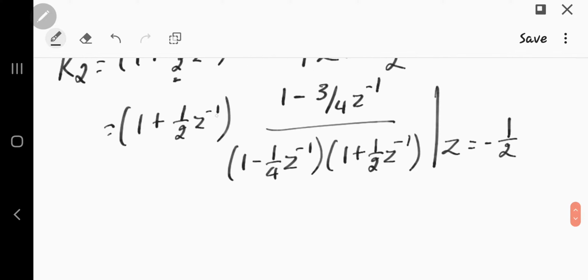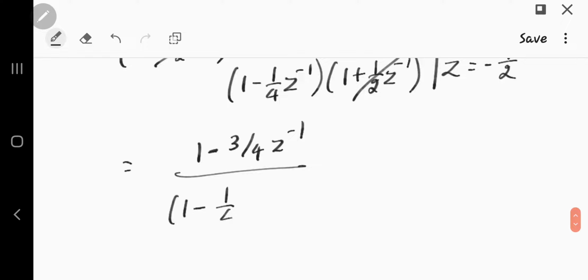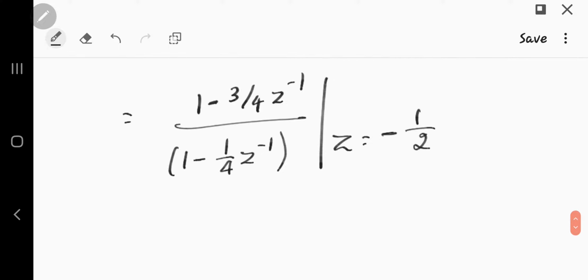So these two get cancelled. We remain with 1 minus 3 by 4 z inverse divided by 1 minus 1 by 4 z inverse, where z takes the value minus 1 by 2.